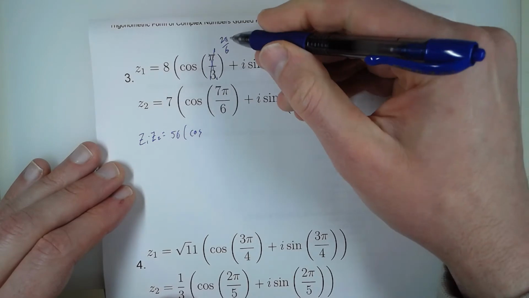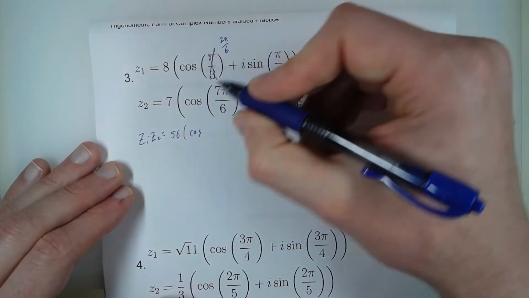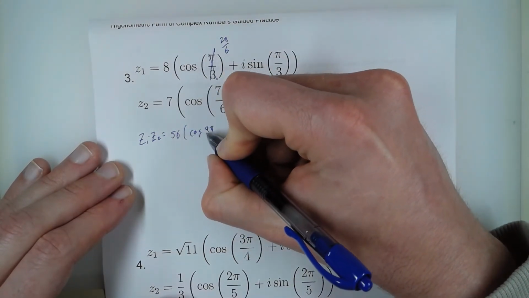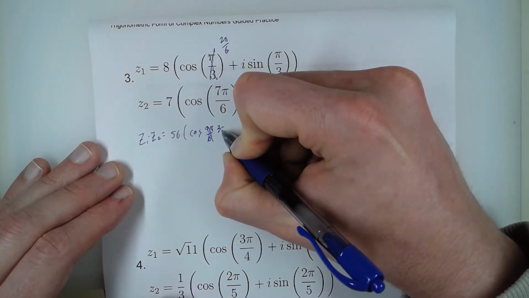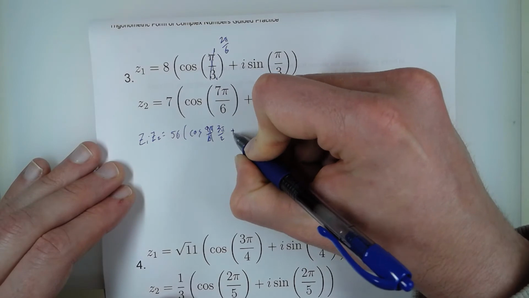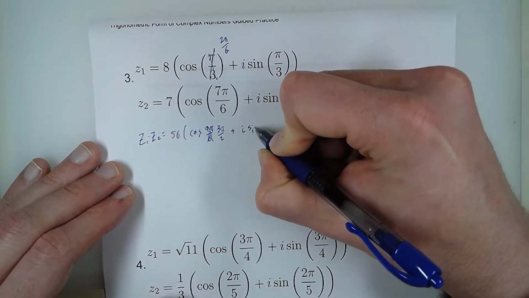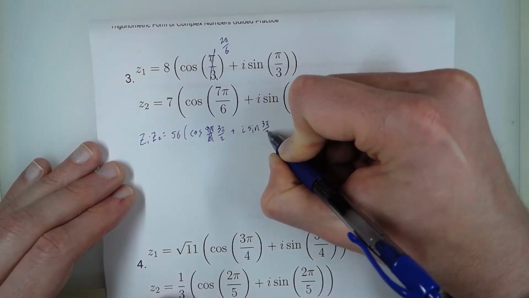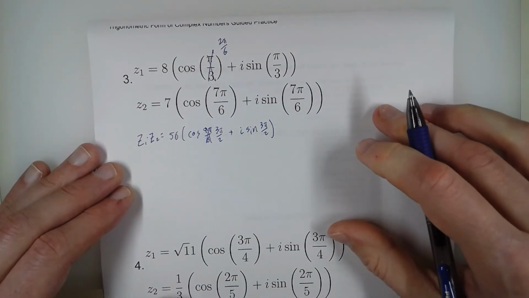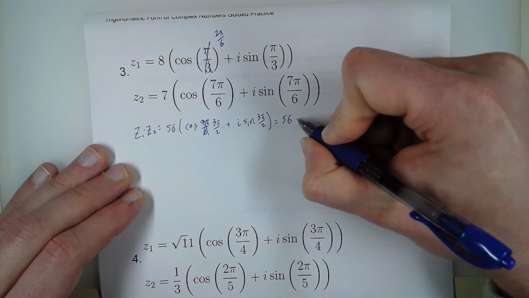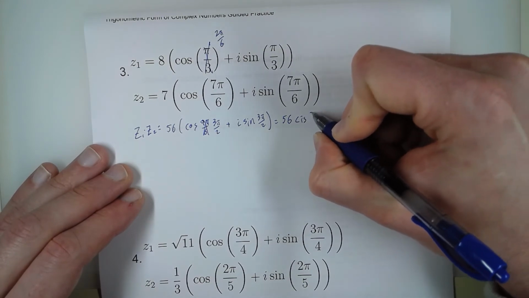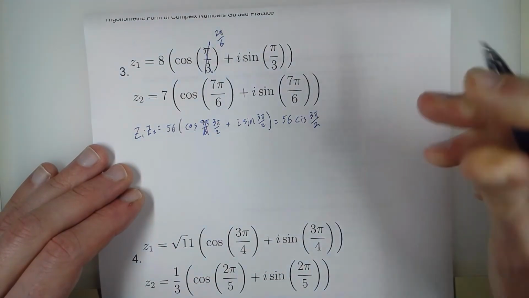And then we have cosine 2 pi over 6 plus 7 pi over 6 is 9 pi over 6, which is really 3 pi over 2 when I simplify it, plus i sine of 3 pi over 2. And if I want to write it in a more simplified form, 56 CIS 3 pi over 2.